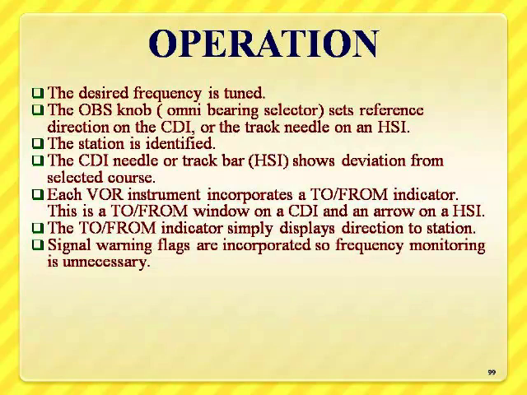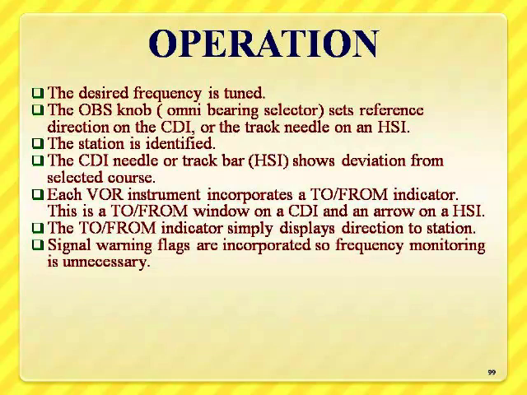Different airports will have different frequencies of allotment. As per that, the pilot will first set the desired frequency as per his chart. Then the OBS knob, that is Omni Bearing Selector, sets reference direction on the CDI or track the needle on an HSI. The station is identified.